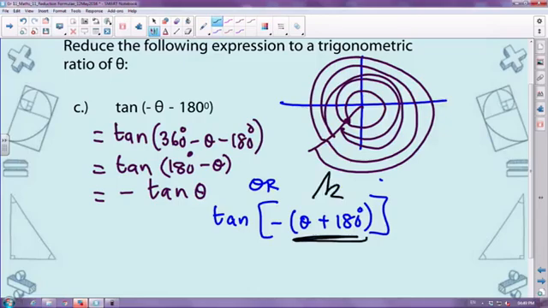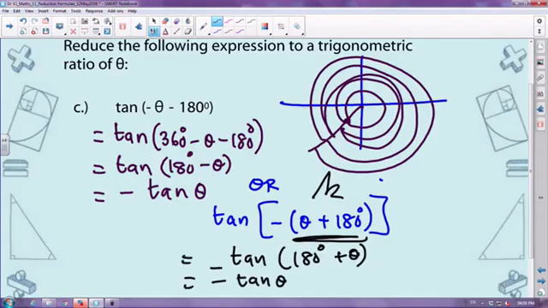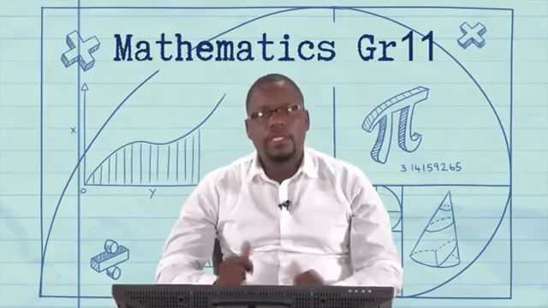You've got tan of negative k, we said negative, that's a fourth quadrant, so we get negative tan of 180 degrees plus theta. Now remember, 180 plus is the third quadrant. How is tan in the third quadrant? Positive, so you get your final answer to be negative tan theta. So whichever one, guys, you use, as long as you don't break any maths rule, you're still fine.